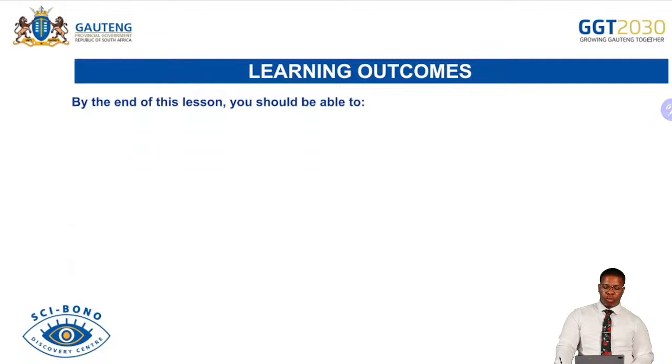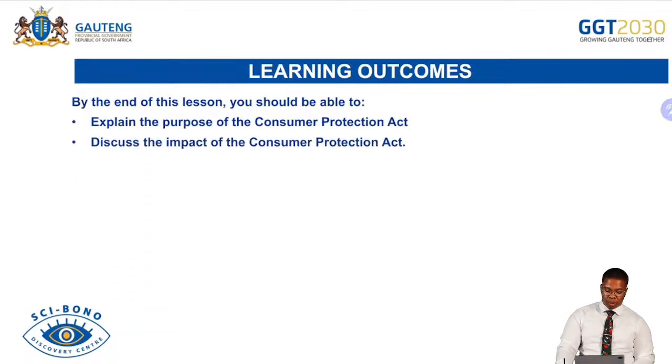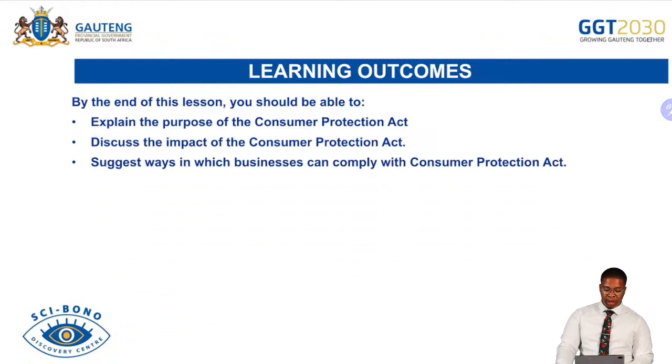We are also going to look into the Consumer Protection Act: the purpose of the Consumer Protection Act, and its impact, to say if a business implements this act, what are the advantages and what are the disadvantages. And then we also suggest ways in which the business can comply with the Consumer Protection Act.